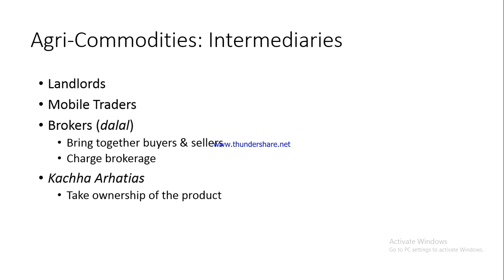Then we have the Kacha Artiyas, or Aartis. The Kacha Artiyas are the ones who take ownership of the product also. What is the difference between a broker and the Kacha Artiya? The Kacha Artiya is basically a trader.